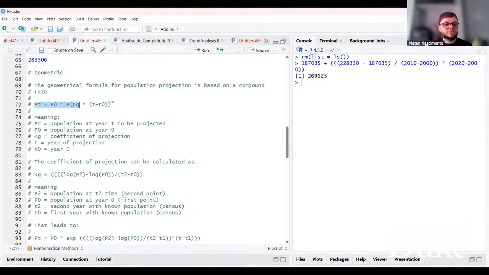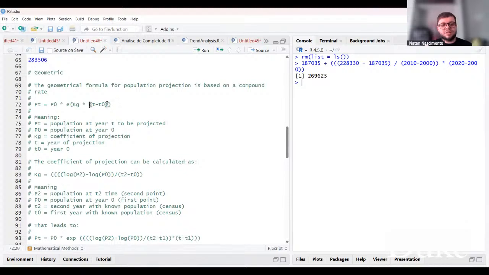So this goes almost the same as the linear trend, but we have some differences. First, the population at year t to be projected equals the population at year 0 multiplied by the exponentiation of the coefficient of projection multiplied by the difference of years.